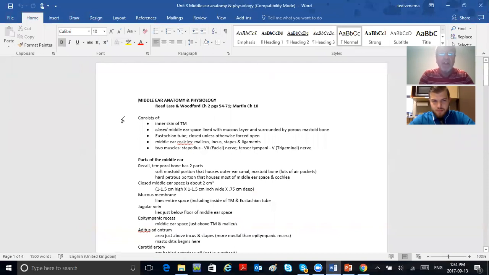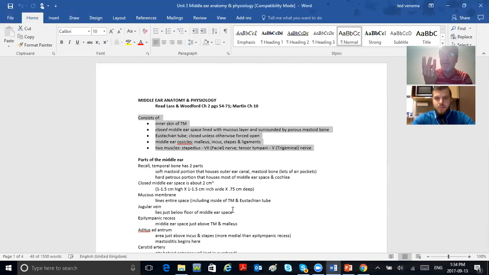Okay, middle ear consists of the inner skin of your tympanic membrane. Remember, your eardrum has 3 layers. It's the only part of your body that retains 3 layers. The ectoderm, mesoderm, endoderm.